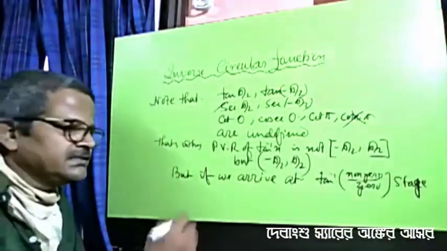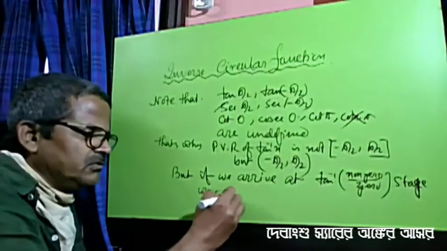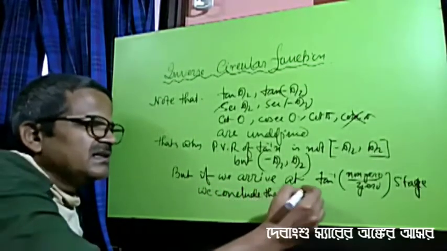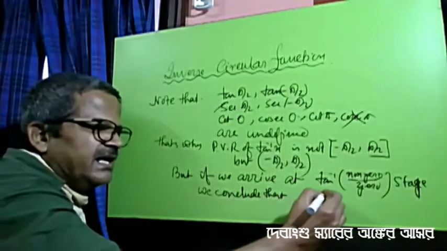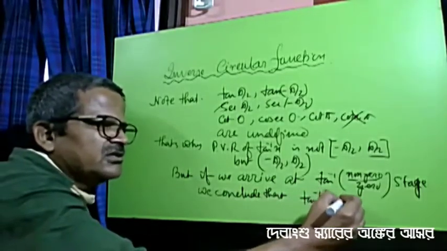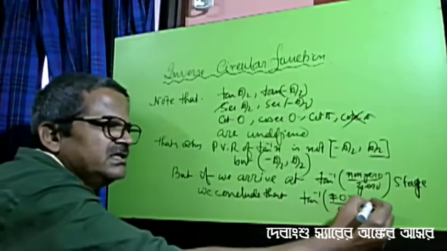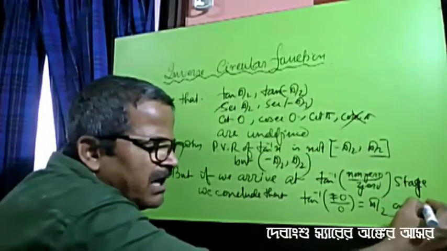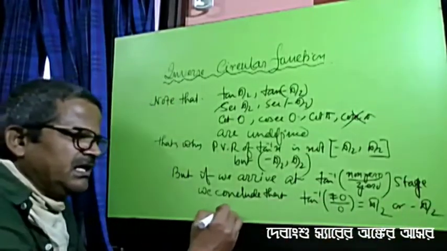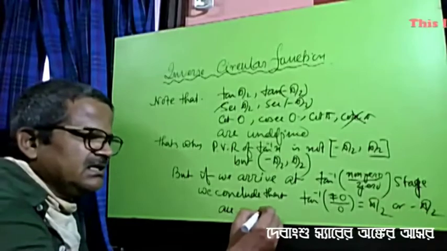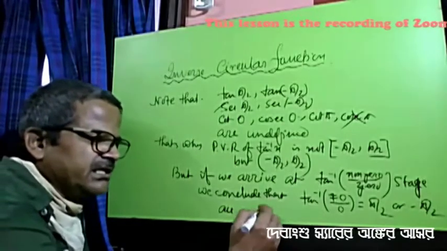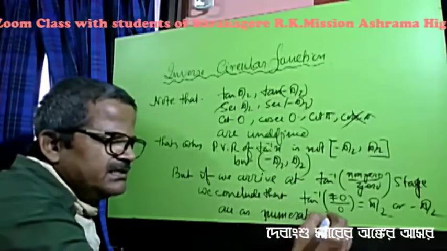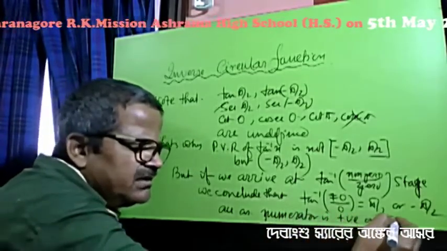after calculations, we conclude that tan inverse of a non-zero number by 0 is equal to pi by 2 or minus pi by 2 according as the numerator is positive or negative.